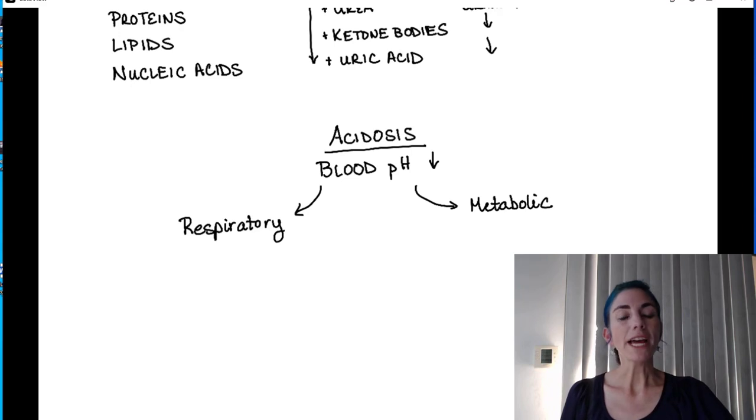All right. Respiratory acidosis is caused by an accumulation of CO2 in the blood that is not appropriately excreted by ventilation. So there are a number of things that can cause respiratory acidosis, but it effectively describes a mismatch between your ventilation patterns and your CO2 production.